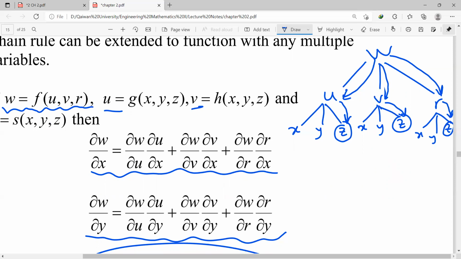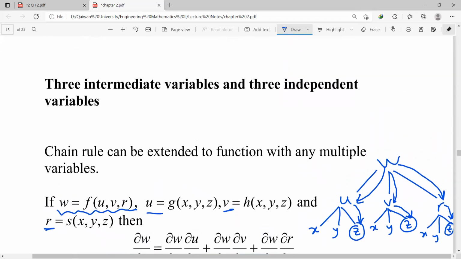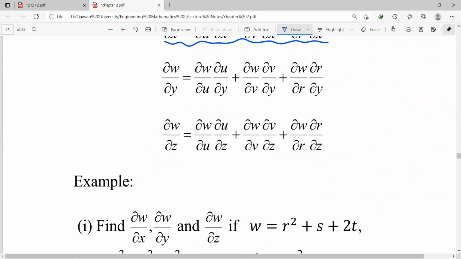That's all the partial differentiations for functions with three intermediate variables and three independent variables. This process is called the chain rule.